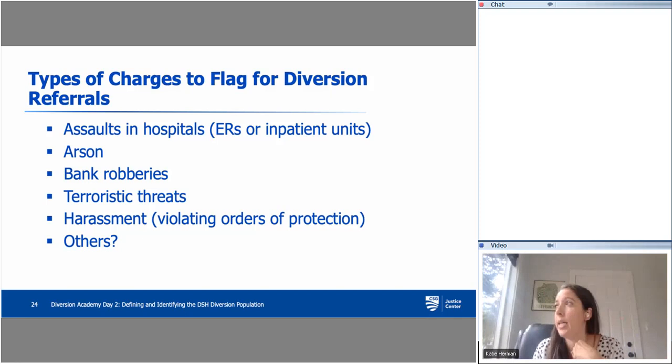Harassment, like if someone has, in New York we call them orders of protection, like a restraining order against someone, and it's being violated repeatedly, and it doesn't seem like the person really understands what the order of protection is or what it's for. It could be against someone they know or a public figure.